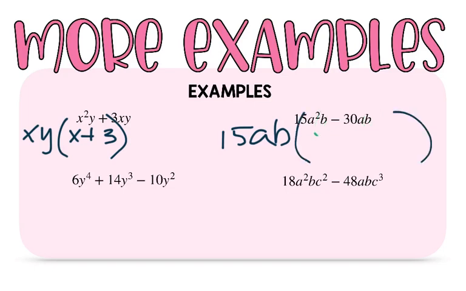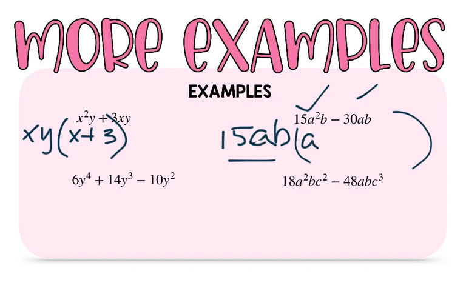If I were to divide this by the common factor, for the first term, 15 divided by 15 is 1, so I don't have a number left. A squared divided by a is a, and b divided by b would just cancel out, or you can think about it as the number 1, which we don't need to write.